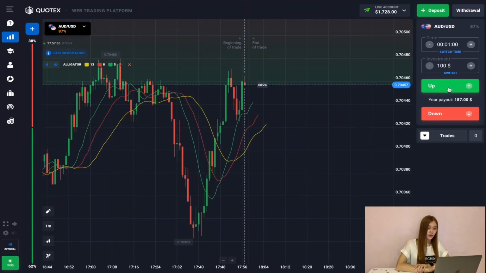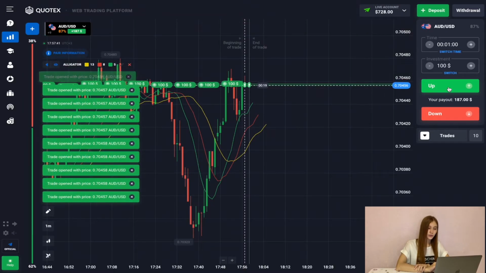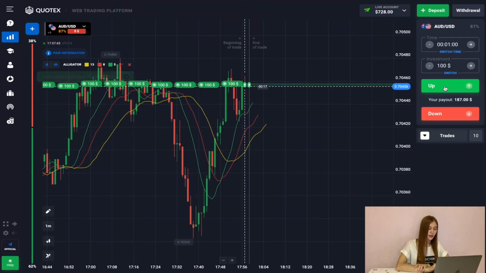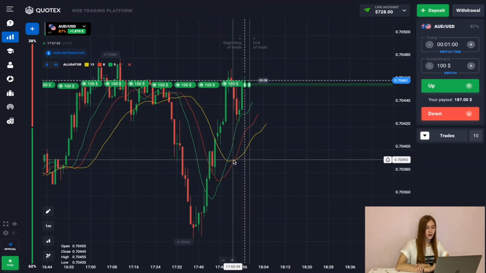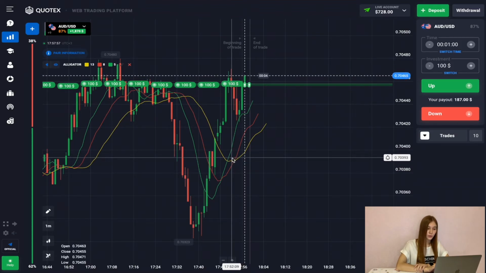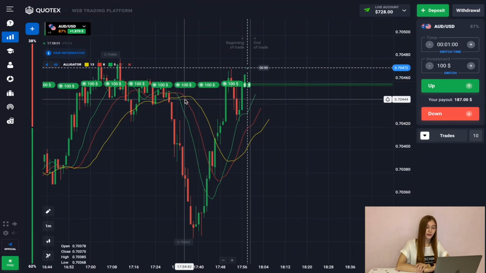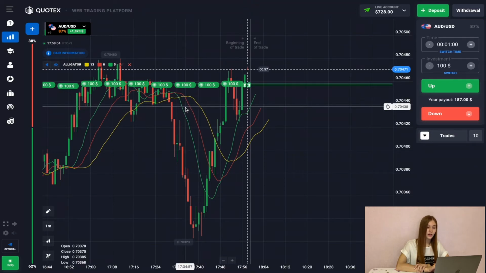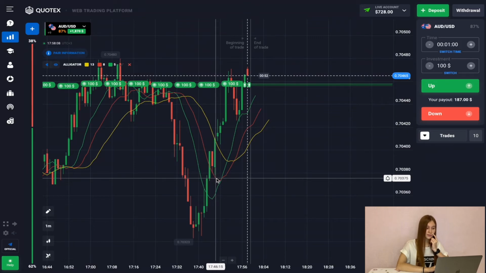Here we see that the trend begins to rise, so we can open several deals at once for a price increase. As we see, the trend began to rise at this point, and at this point where the correction took place, the downward movement of our trend followed, after which a reversal followed, where now we are dominated by the alligator indicator, and the trend on this ascent of the price began.